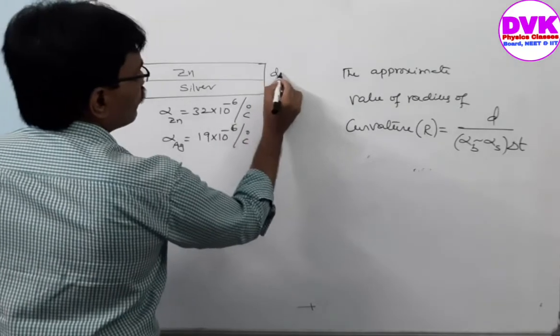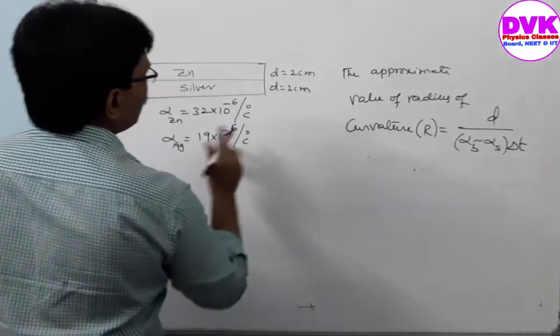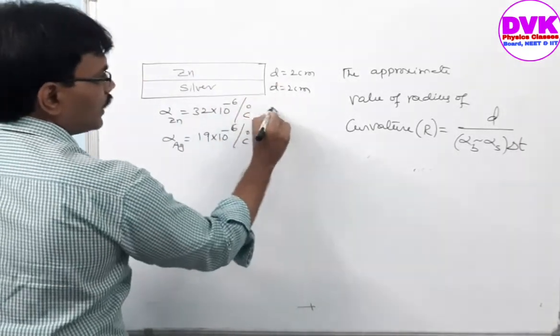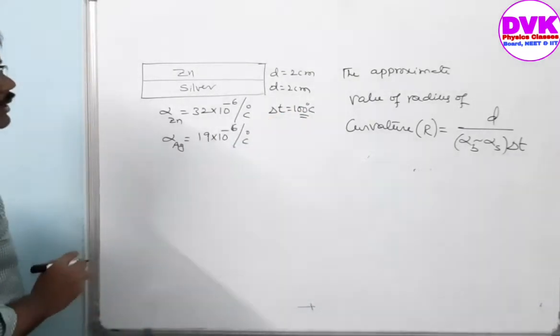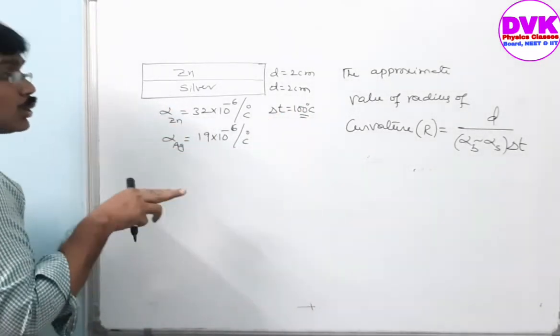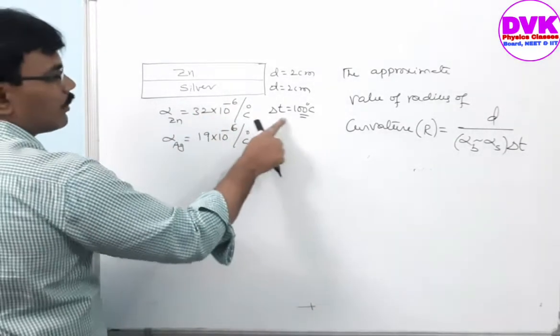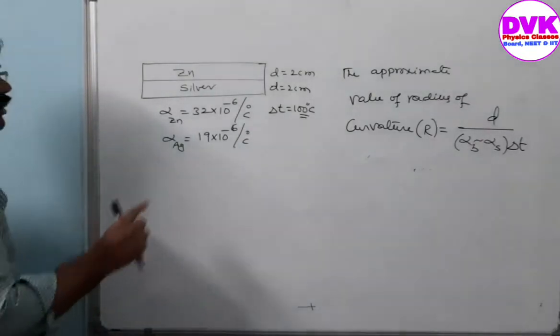If the thickness of each is 2 centimeters, and the strip is heated through 100 degrees centigrade, then the change of temperature is 100 degrees.